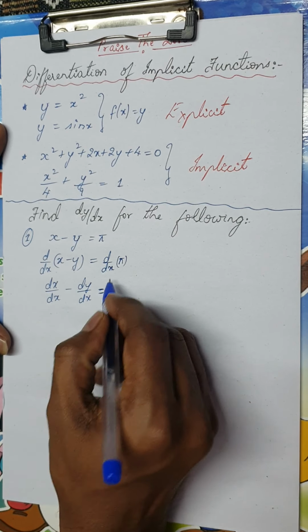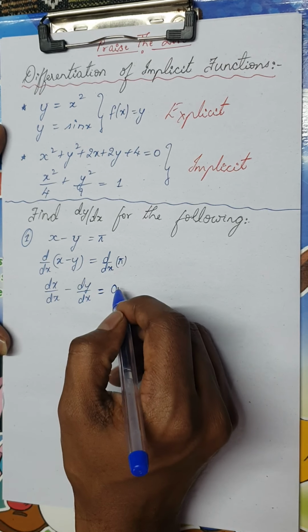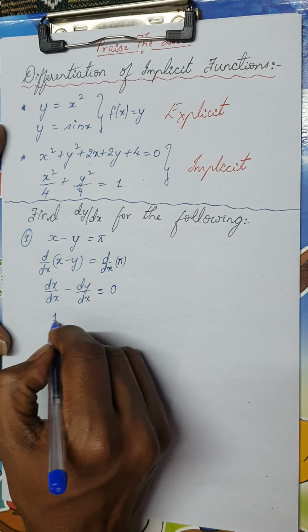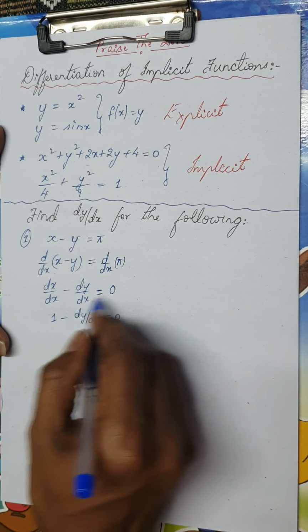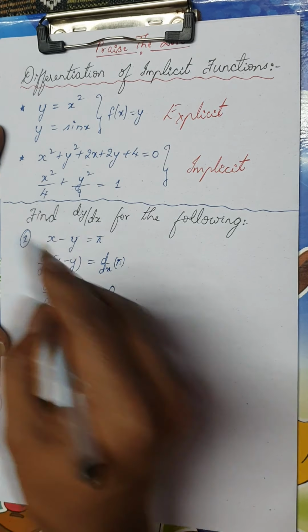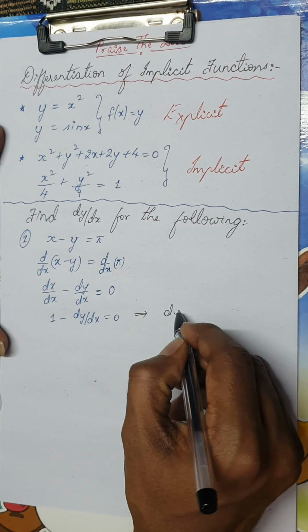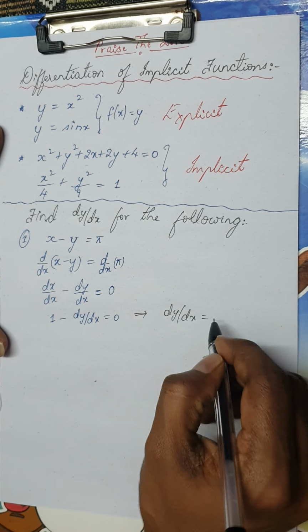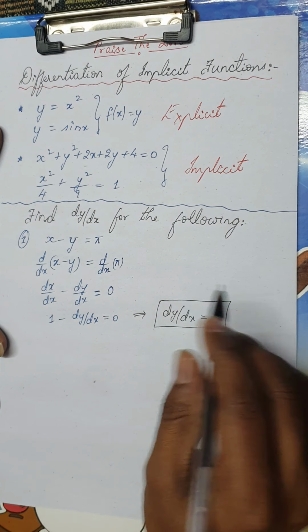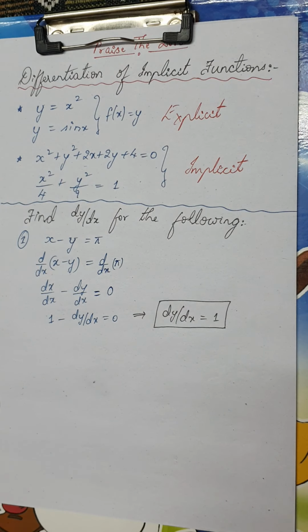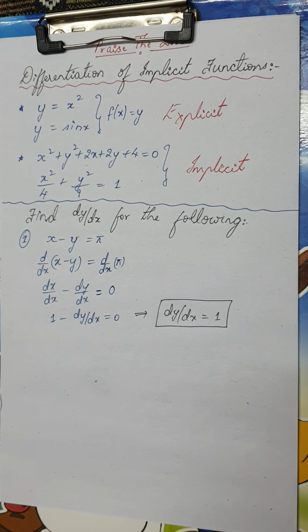We know pi is a constant, so its derivative is 0. dx by dx is nothing but 1. So 1 minus dy by dx is equal to 0. If you take it to the right hand side, you can easily get dy by dx is nothing but 1. So this is how you can find the derivative of an implicit function.